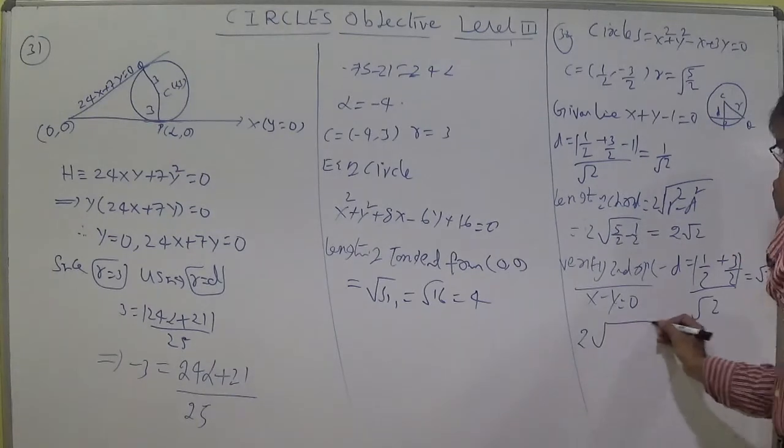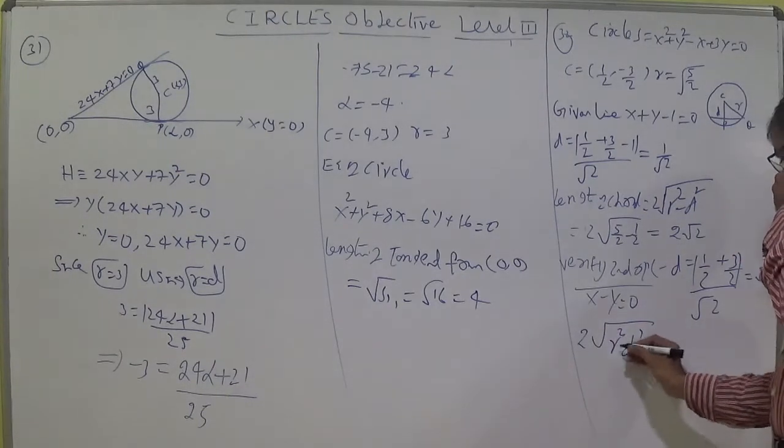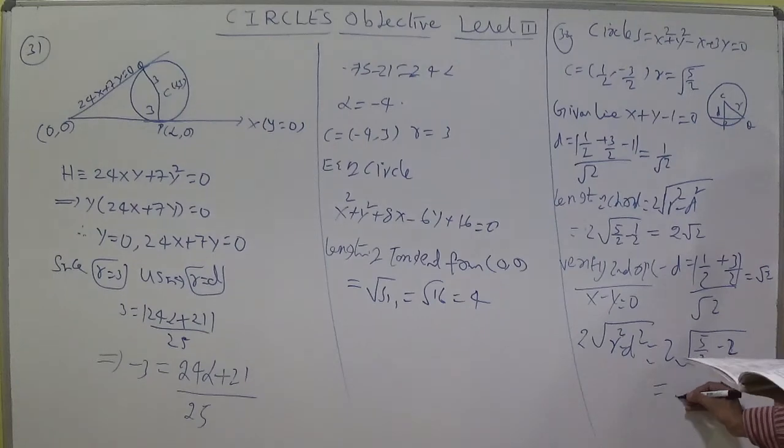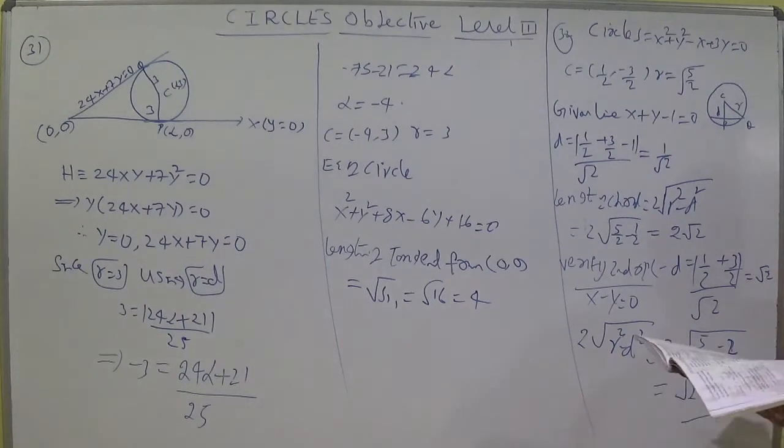Now the length of chord is 2 root r square minus d square. What is r square? 5 by 2, minus 2 here. So 5 minus 4 gives 1 by 2, and 2 times 1 by root 2 is root 2. Verified, the second option.